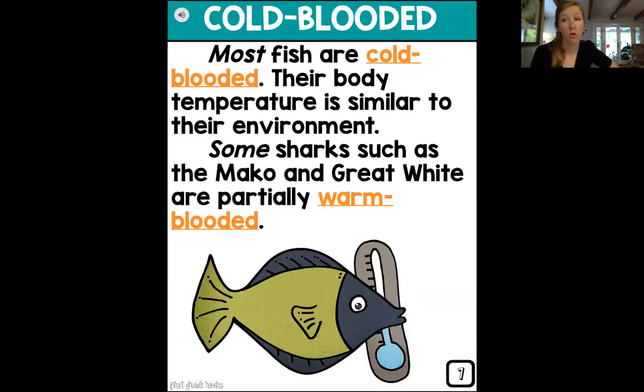So if they're in cold water, their body temperature is lower. They're like a tropical fish in warmer waters, they would have a warmer body temperature. Now, some sharks, such as the mako and great white, are partially warm-blooded.